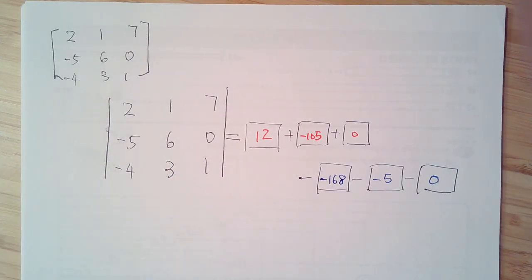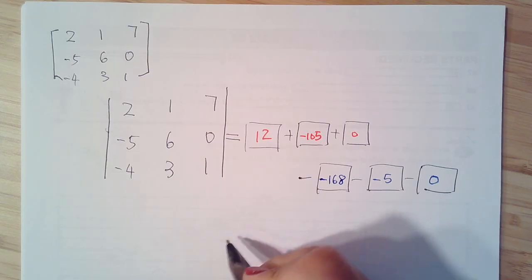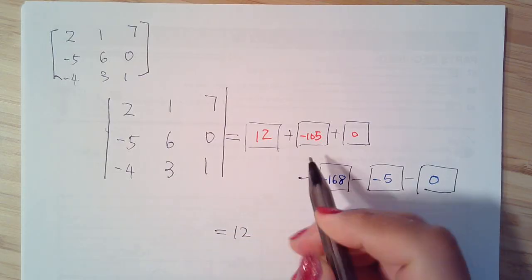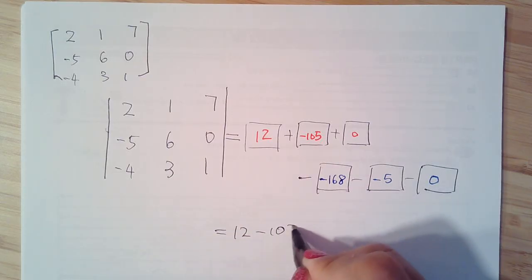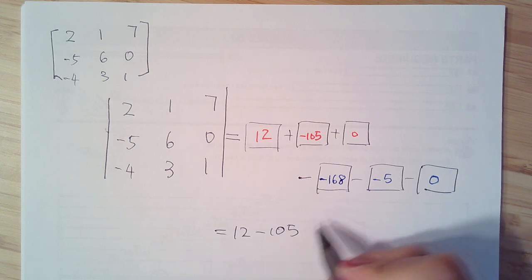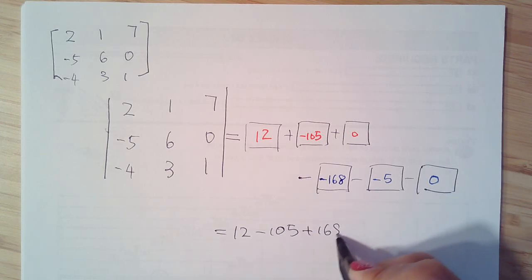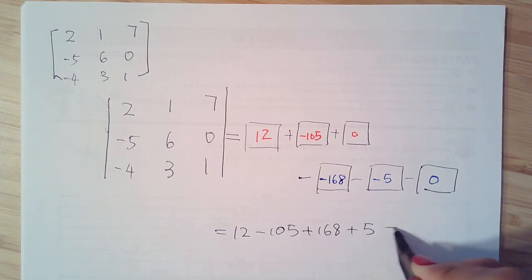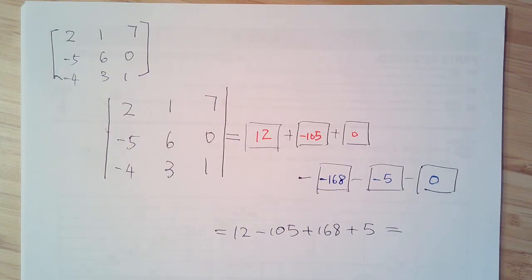All right, now once you have this, then it's much easier. So you're going to have 12 minus 105 plus 0, don't worry. And here is a plus 168 and a plus 5. So you only need to find what is the final answer. What do you think? Looks good.